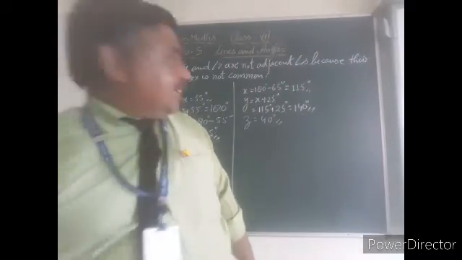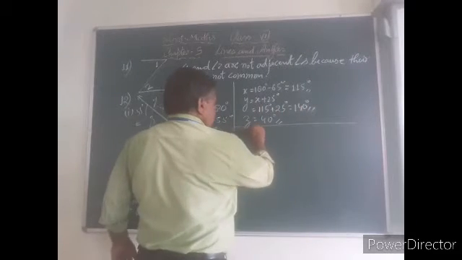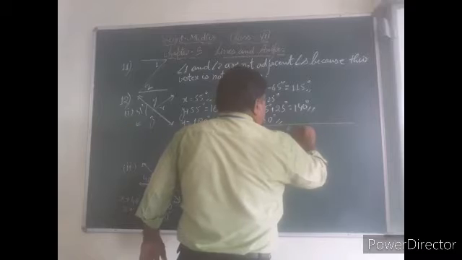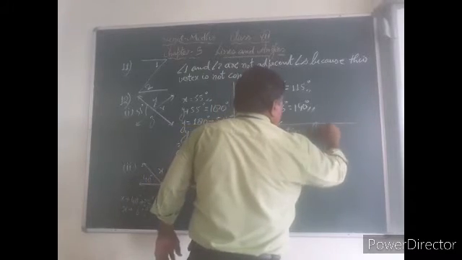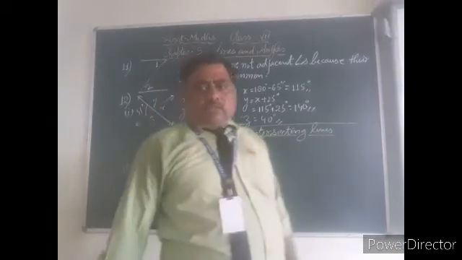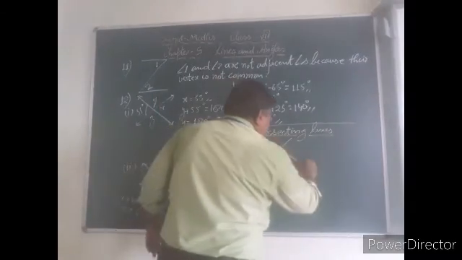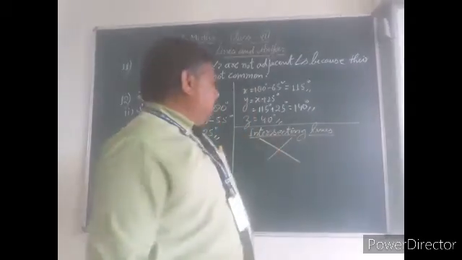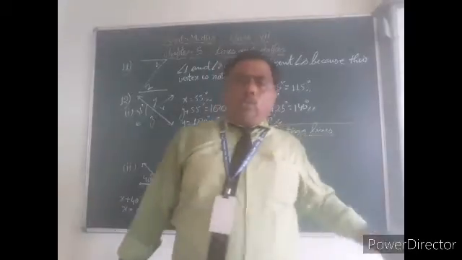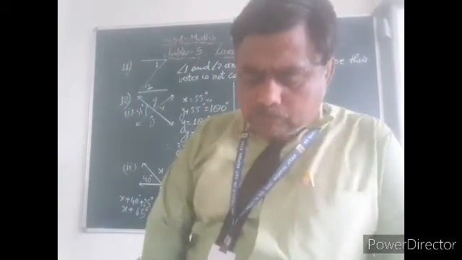Now intersecting lines. What are intersecting lines? If two or more lines intersect at a point, meet at a point, cut at a point, then those lines are intersecting lines.